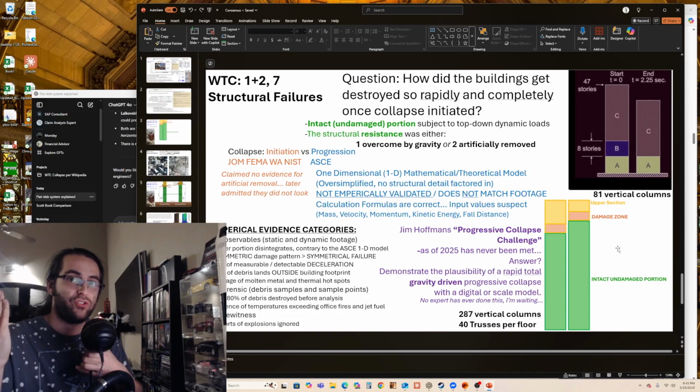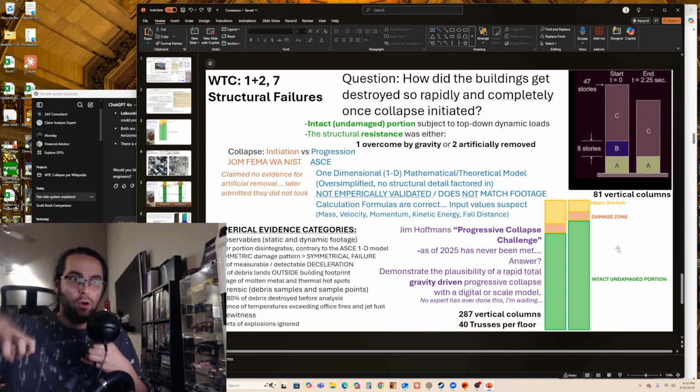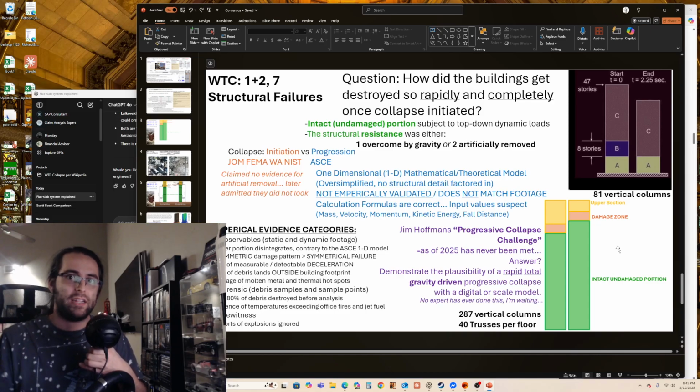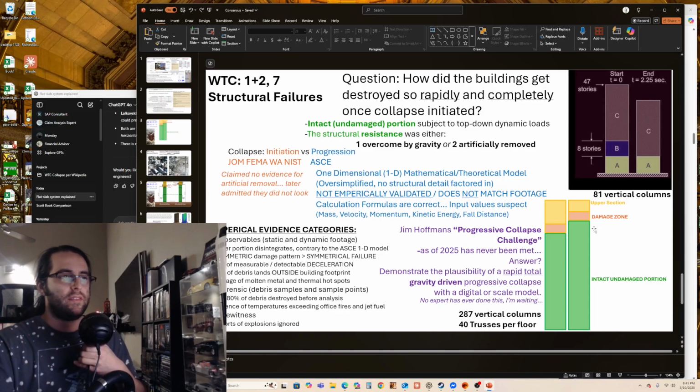We want structures to resist gravity. That's why they exist. And to resist loads, people walking on them, planes landing on them. These are calculatable. Now, in the instance of, so this is Tower 1, this is Tower 2, this is Tower 7.